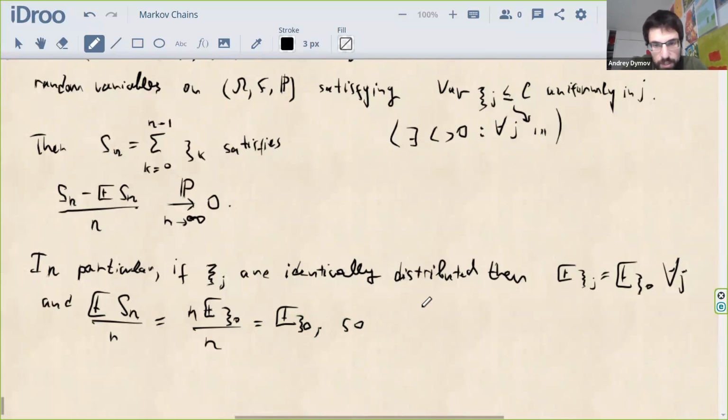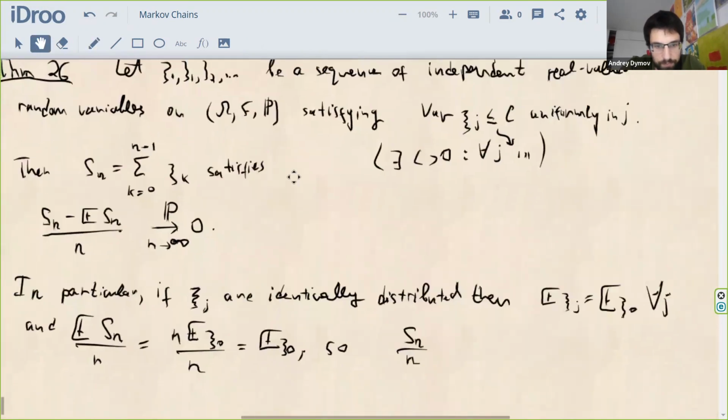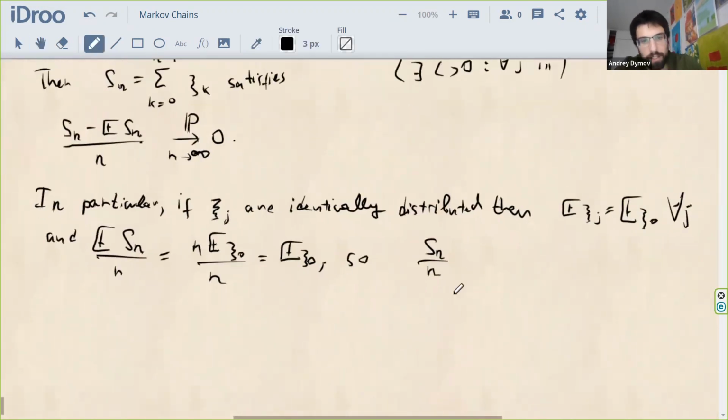This means that our theorem affirms that Sn over n minus this expectation goes to 0, but by this property, that the convergence in probability supports summation, so we can add one sequence to another sequence, it means that this converges to the expectation of psi 0 in probability as n goes to infinity.